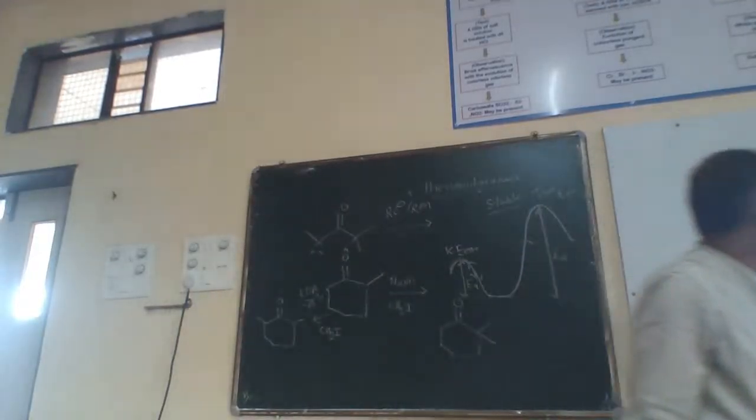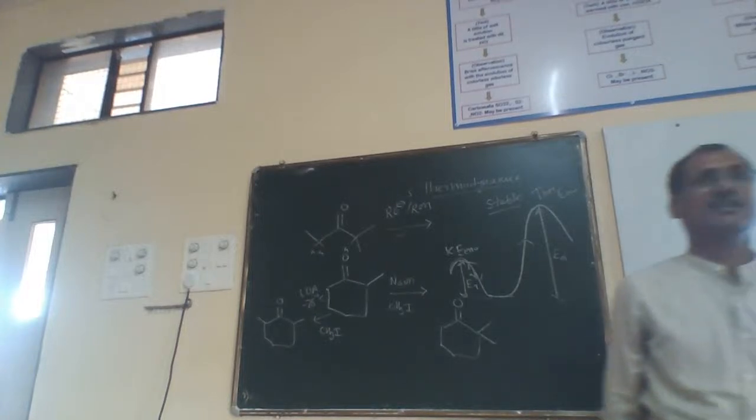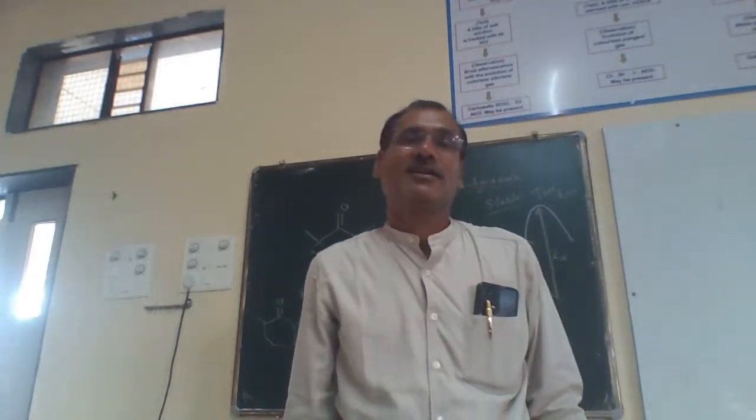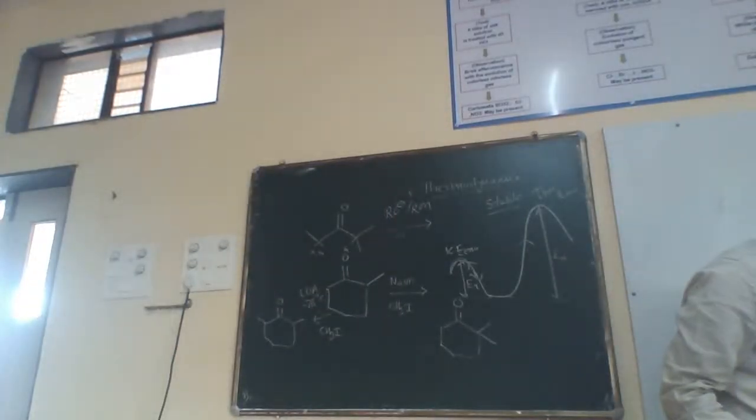If bromination takes place on this side, it is thermodynamic bromination. If it takes place on this side, it is kinetic. LDA, minus 78, Br2: where did it go? Kinetic. NaOH, Br2: it would have taken place at this point.